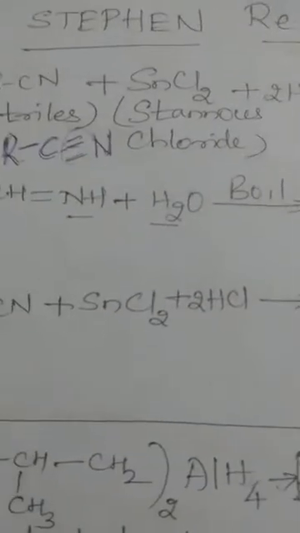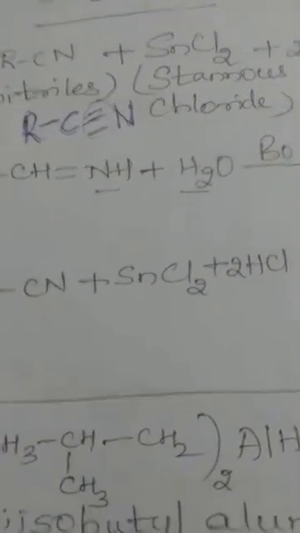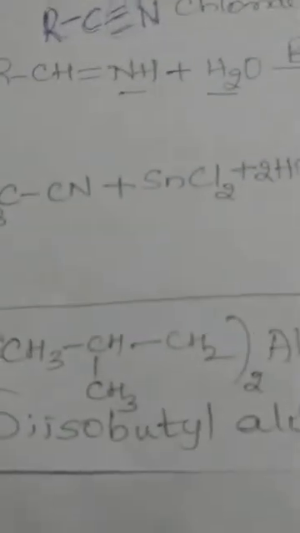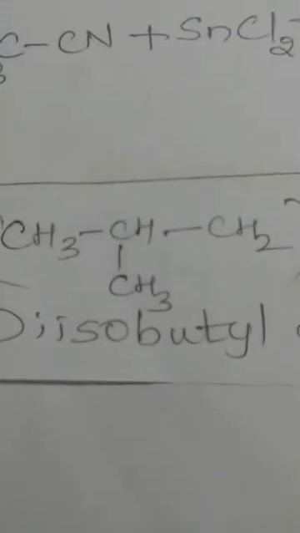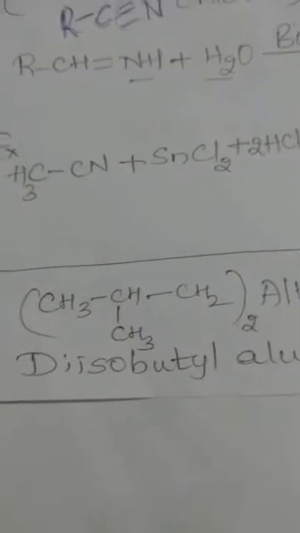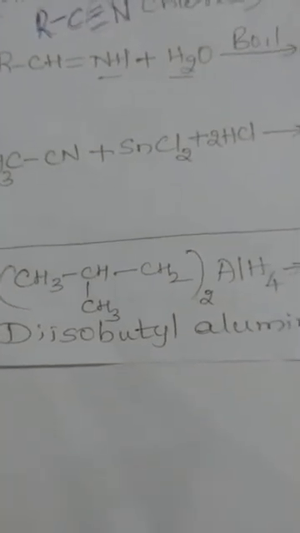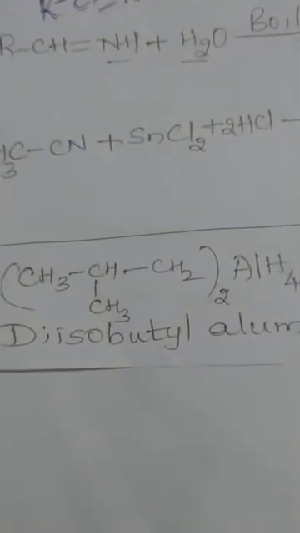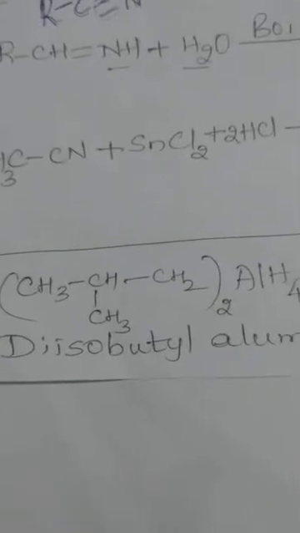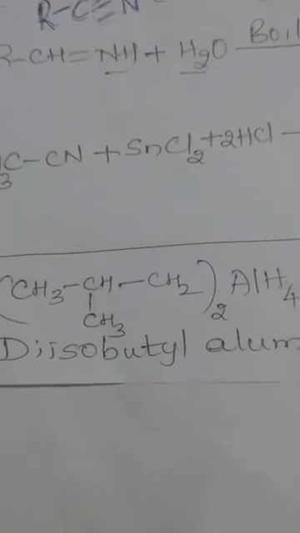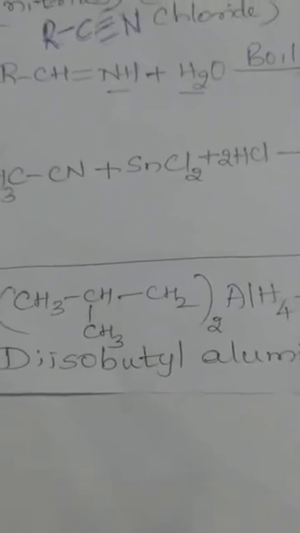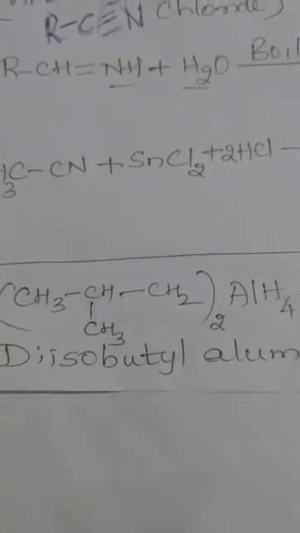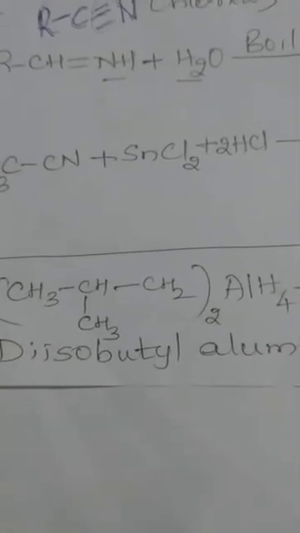Further, the nitriles can also be reduced to imines by another reagent, diisobutyl aluminium hydride. The iso prefix is used for the group CH3 twice CH. If you look at the structure here, there is one more carbon: CH3, CH, CH3, CH2.